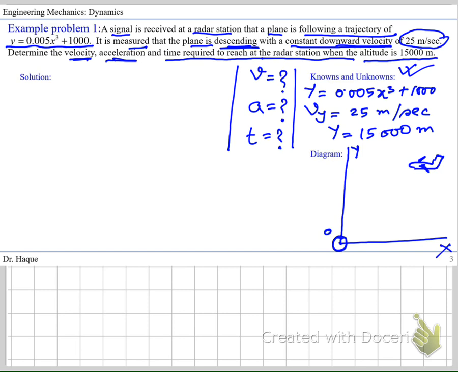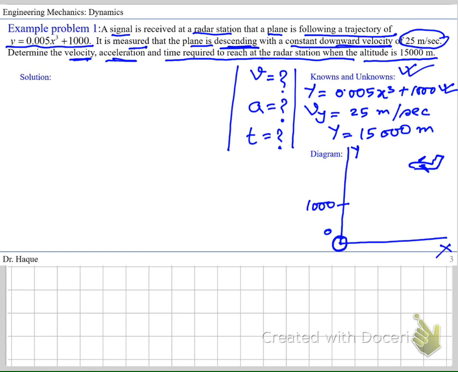So from the equation here, we see if we put x equals 0, we get y equals 1000, meaning when the plane reaches the radar station, it will be at least 1000 meters above the radar station.